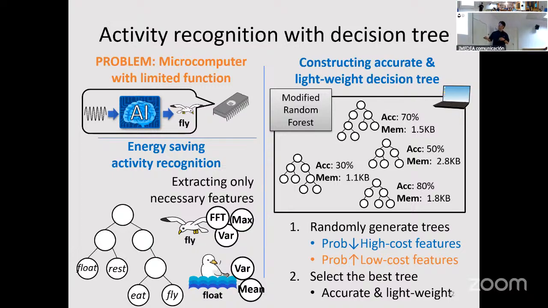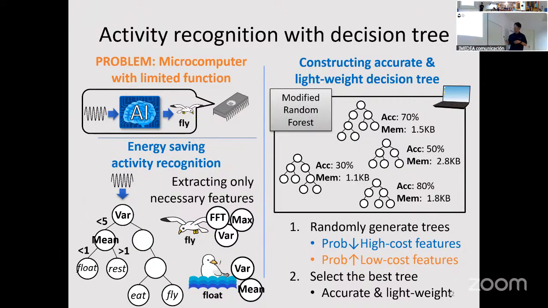This is an example of a decision tree. The input is acceleration data, and the output corresponds to a leaf node, which corresponds to an activity class, such as eat, fly, and so on. And in a decision tree, we process the data according to the structure of the tree.